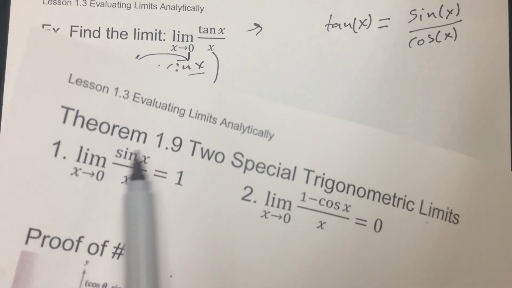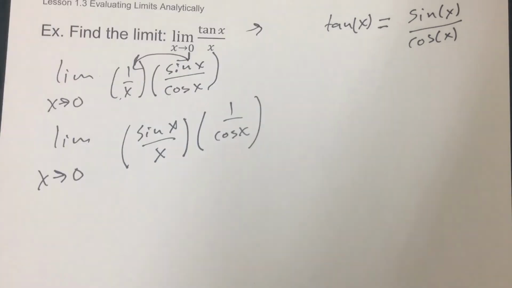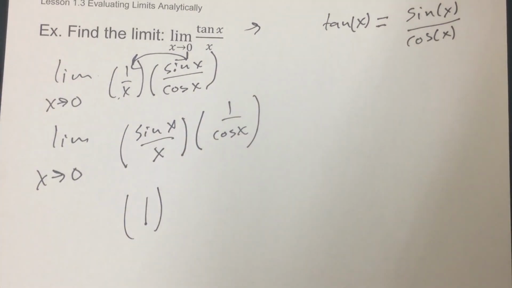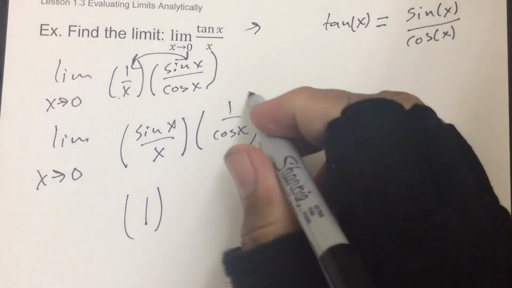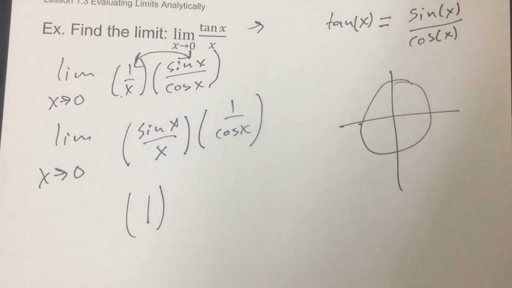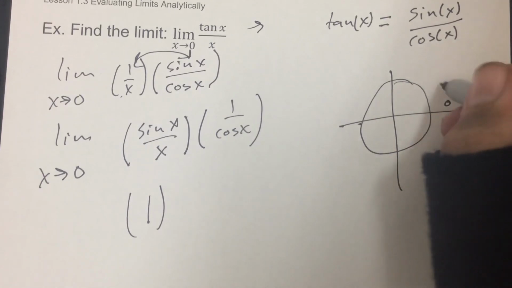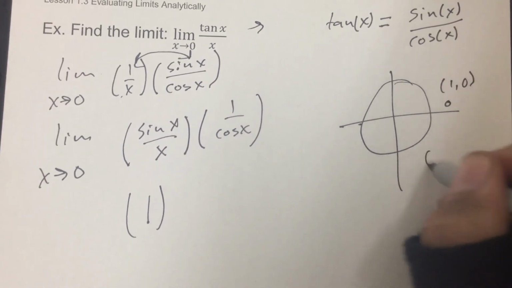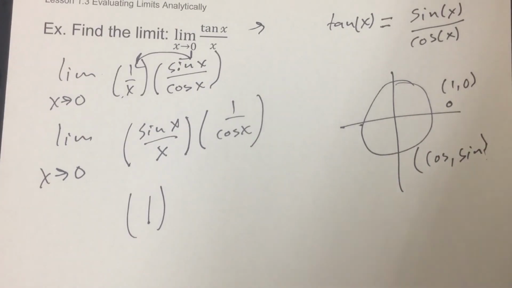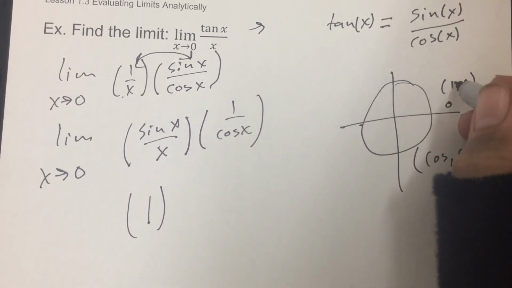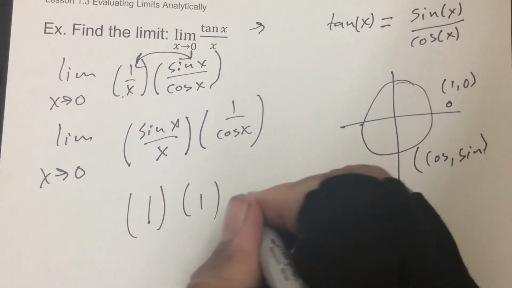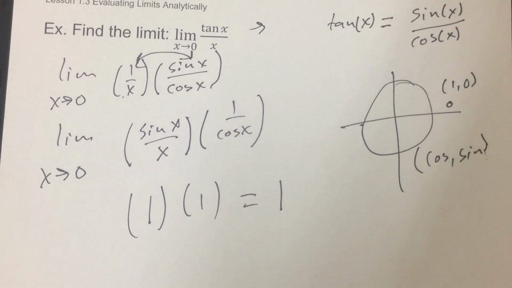So as x goes to 0, the limit of sine x over x is going to be 1. So we can substitute 1 in for that first one. Then 1 over cosine, that's where the unit circle comes in. At 0, we're at 1 comma 0. And again, cosine comma sine is our ordered pair. So cosine at 0 is going to be 1. So that value is 1 as well. So therefore our limit is, well, 1.